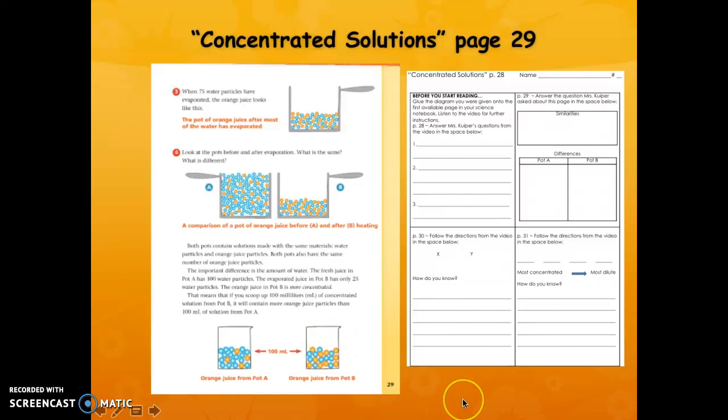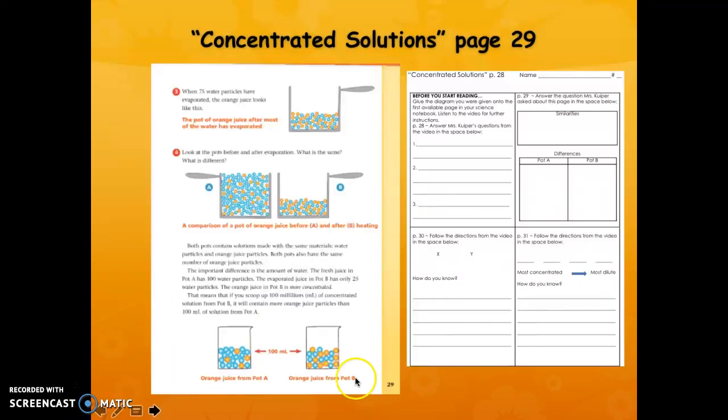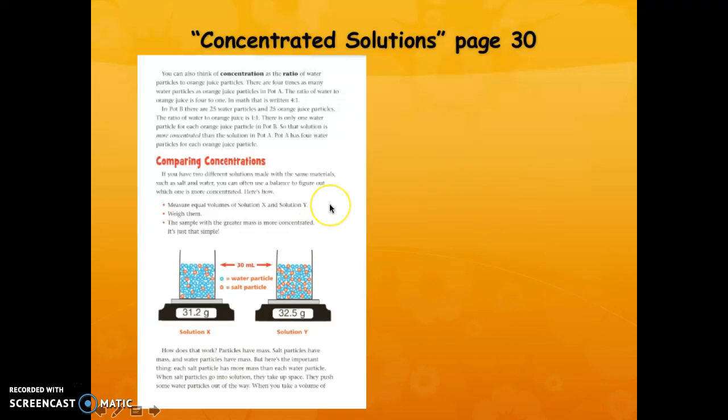All right, so now we're going to move on to page 30. Let me go back. We're going to be looking at this section of your paper. You can think of concentration as the ratio of water particles to orange juice particles.